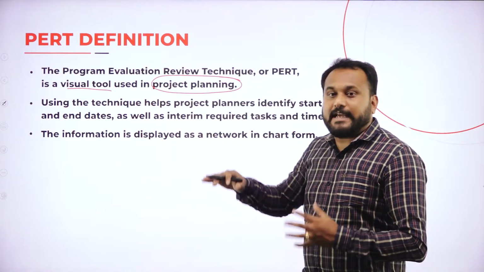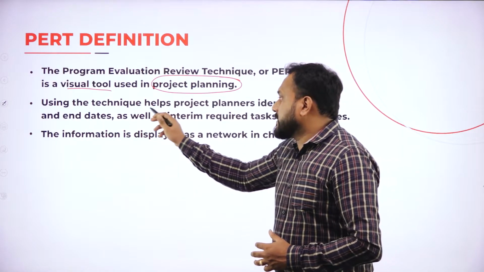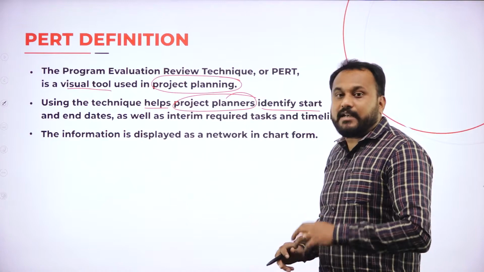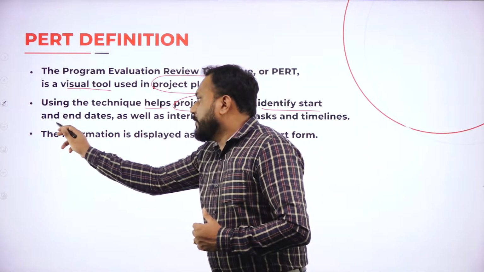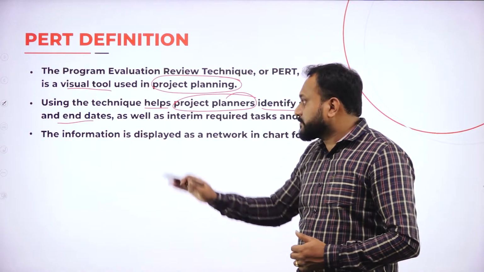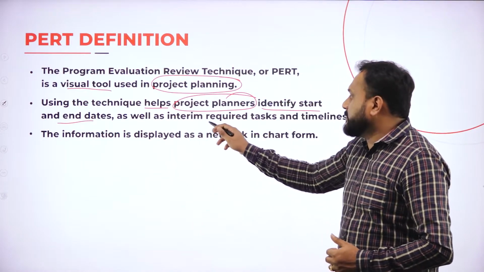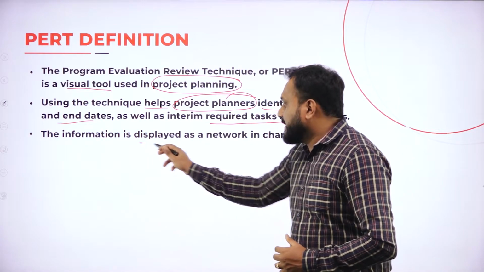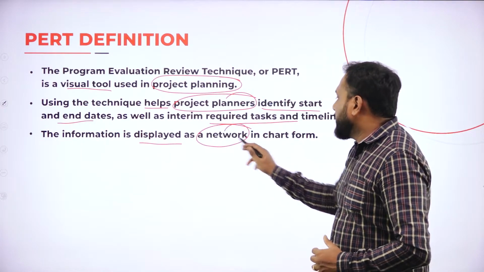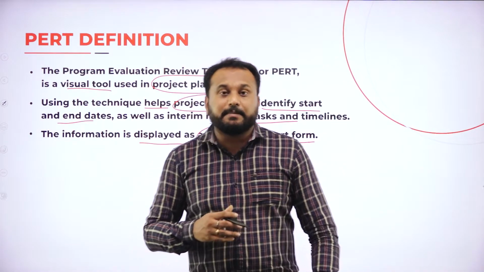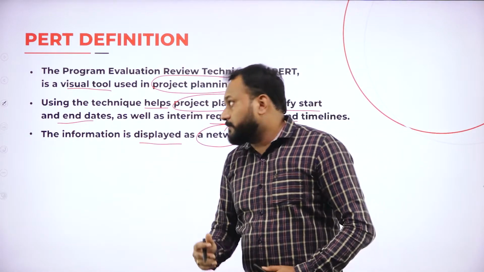Now using the technique, it helps the project planners identify start and end dates. So when to start and what time they can actually finish those projects, as well as interim required tasks and timelines. The information is displayed as a network in chart form. It is not in a regular form. It is always represented in the chart form.